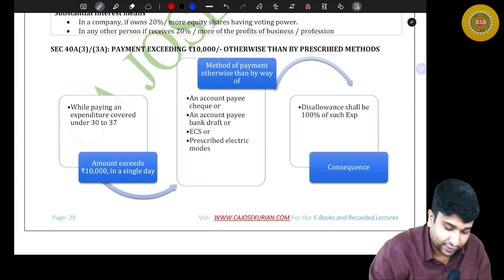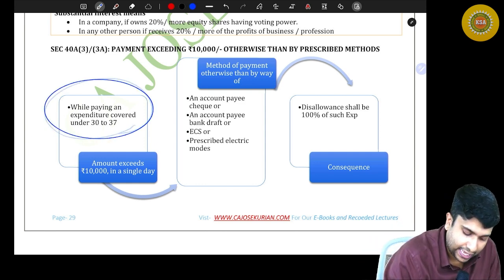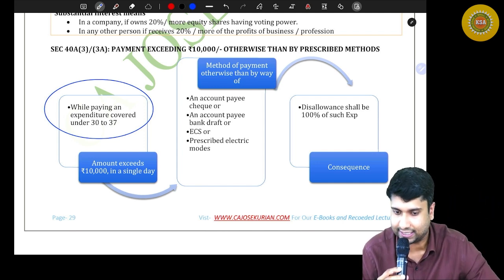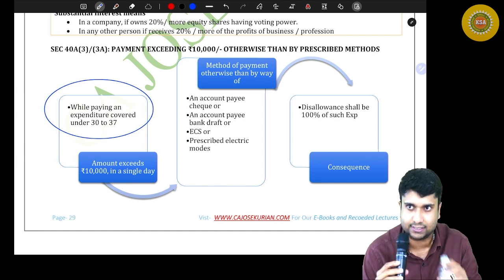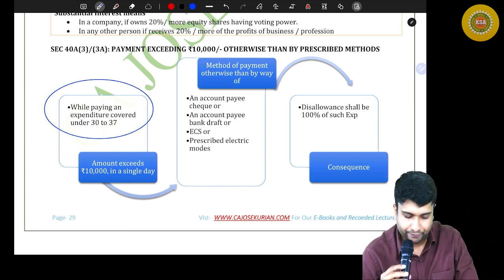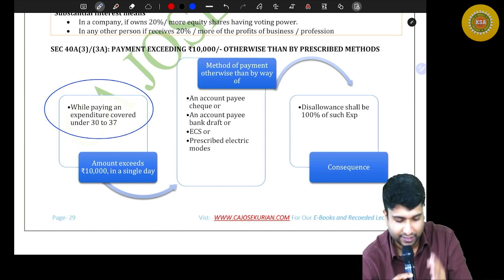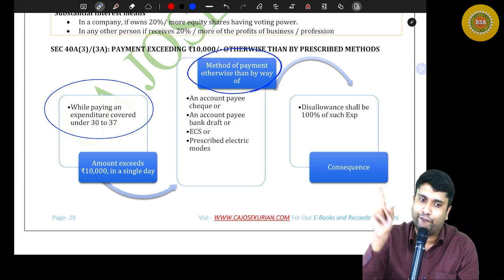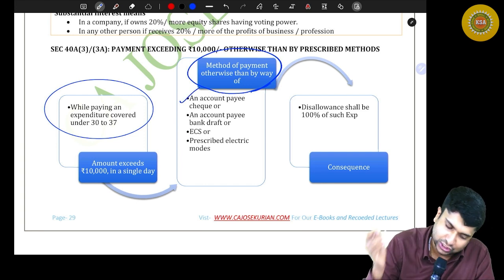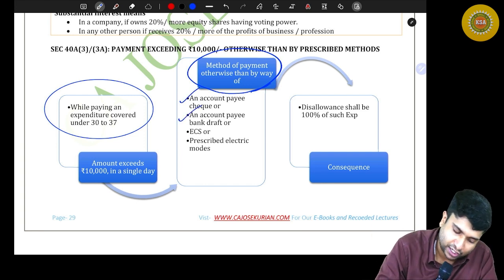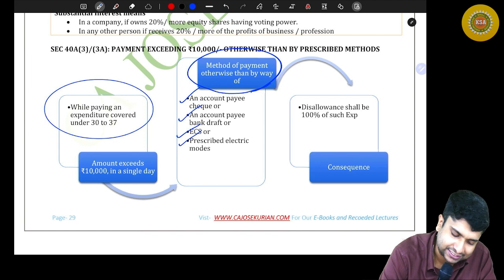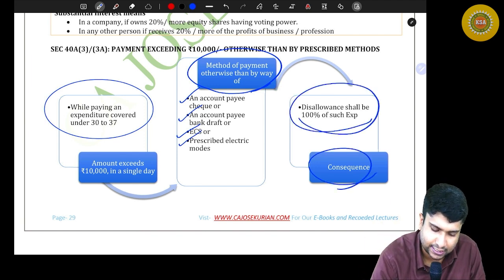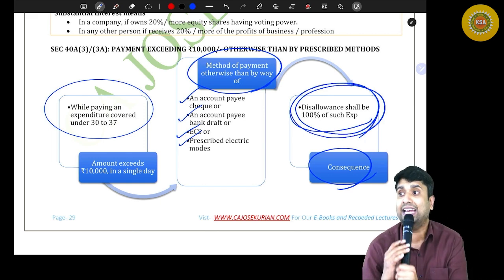Simply means, read the first sentence: while paying an expenditure covered under sections 30 to 37, the amount exceeds 10,000 in a single day and the method of payment is otherwise than by way of account payee cheque, account payee bank draft, ECS or prescribed electronic mode, then what is the consequence? 100% of that expenditure shall be disallowed.